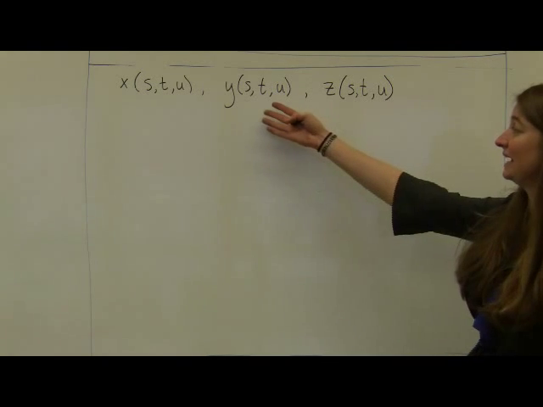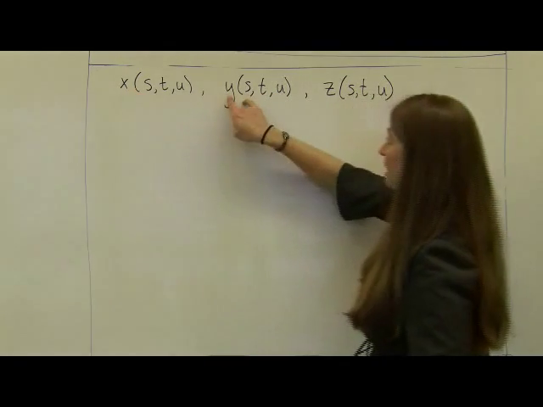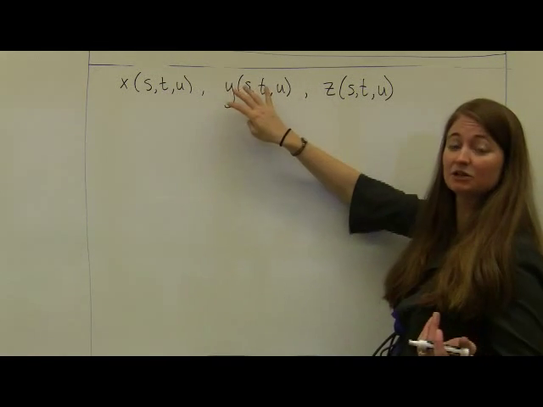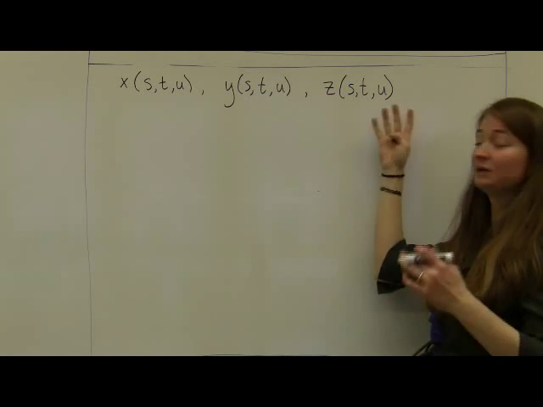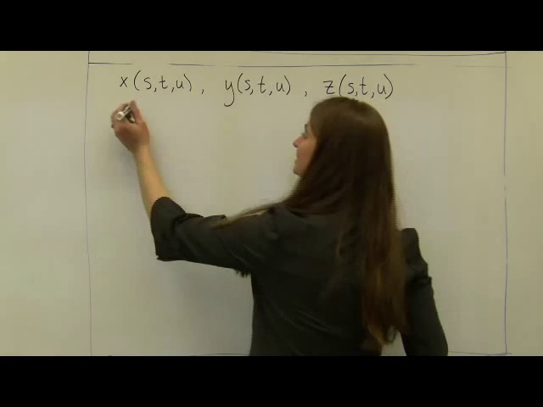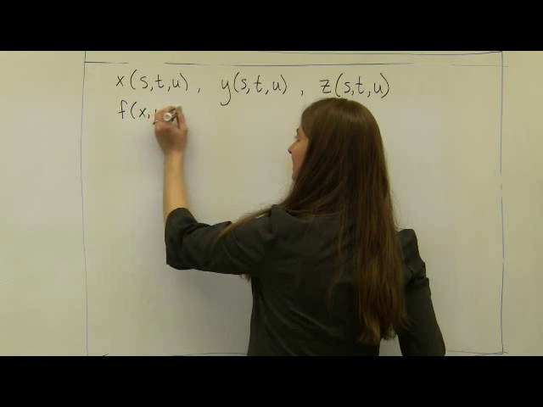It need not be the case that you could have, in the example we just saw, we just had x's and y's, and they were just a function of t by itself. But you could imagine x's, y's, z's, and w's all being functions of many, many more variables. And then let's say that f is our function of x, y, and z.